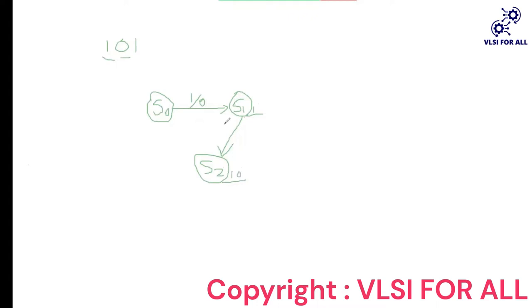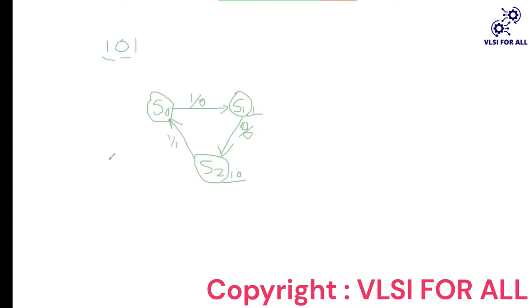And now here when we give 0, it will be going to the S2 state, right? 0 by 0 we'll be mentioning it such way, and then when we give 1, now we've got the entire sequence, right?